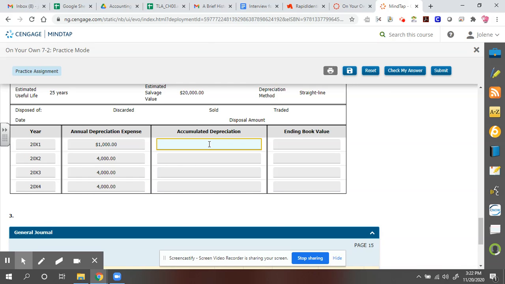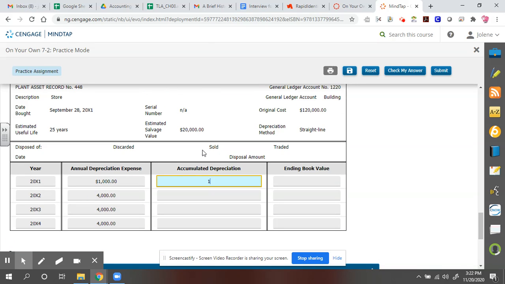Now, accumulated depreciation. The first year we only took off 1,000. 1,000 plus 4 would be 5. 5 plus 4 would be 9. 9 plus 4 would be 13. Now, it's worth 20, so we have to count down from that.